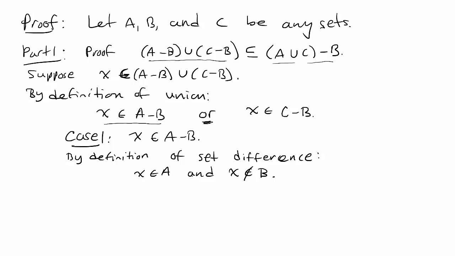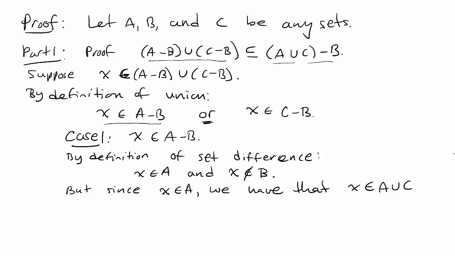Okay, I'm going to continue with this. I'm going to say, but since X is in A, we have that X is in A or C by definition of union.